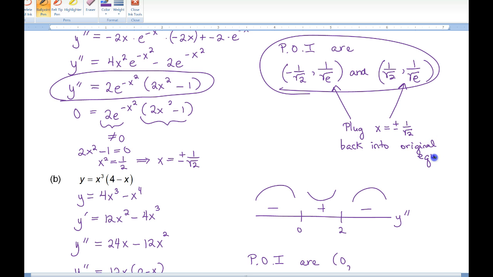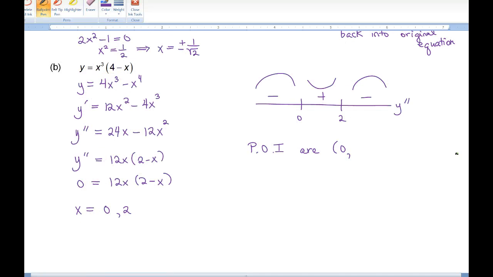Anytime you're looking for an actual point, like when we were looking for maximums and minimums, or when you're looking for a point of inflection, we're talking about the original curve. So what you're doing is finding where they occur by doing the derivatives, and then to find the y coordinate, you plug back into the original.